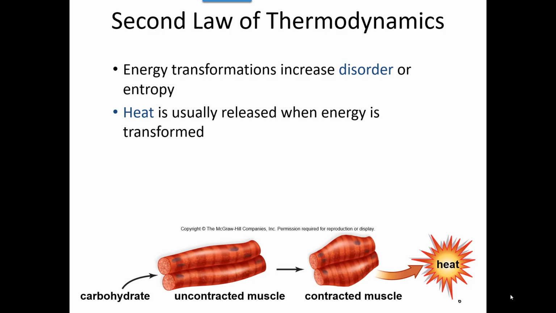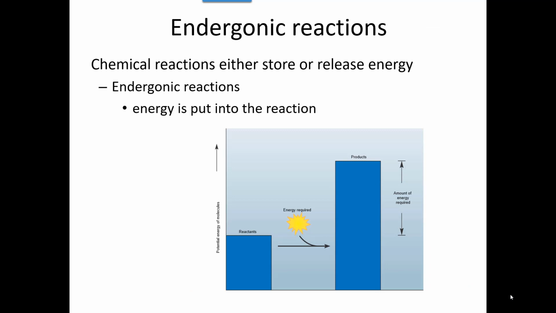Now, there are two different kinds of reactions that can occur when we are building things, making things, and both of them are going to have energy in their reactions. There are endergonic reactions, and then the next slide is exergonic reactions.